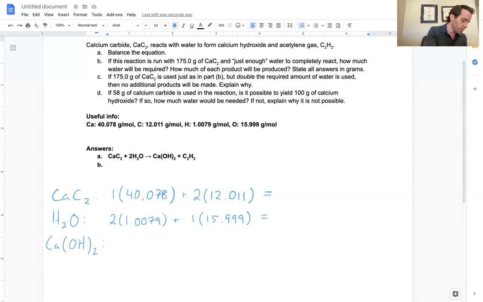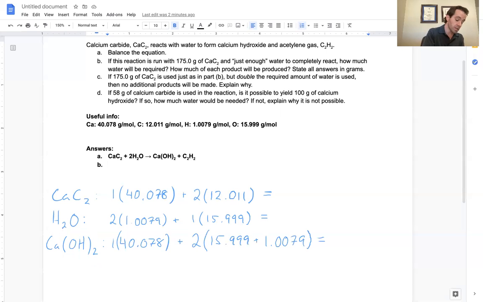So calcium would be 1 times 40.078. And then plus here, I need to make sure that this entire thing gets doubled. The hydroxide is going to get doubled in its entirety. So what I'm going to do is put a 2, and then I'll open a set of parentheses, and I'll add together the oxygen and the hydrogen on the inside.